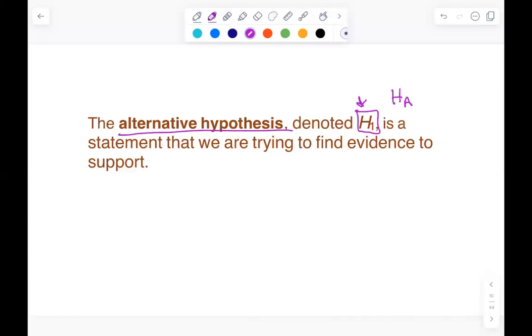I'm trying to support the statement that more households own dogs today. So my alternative hypothesis would be that the percentage of households that own dogs is greater than 48%. The alternative hypothesis says how we think it is different from the null hypothesis. Don't worry, we're going to do some examples.